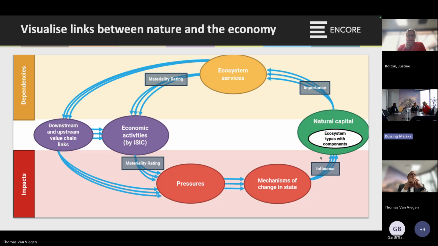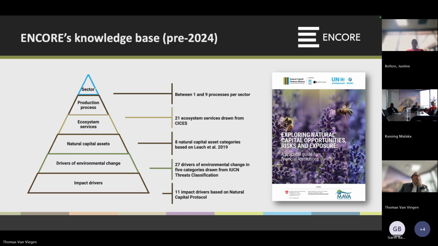We released this in October 2024, looking at your dependencies and your impacts, and then ecosystem services underpinning natural capital, your pressures, and what are those mechanisms of change in state, with a bit of a feedback loop back into it. So this is a nice diagram just to illustrate that it's also been categorized around economic activities by ISIC.